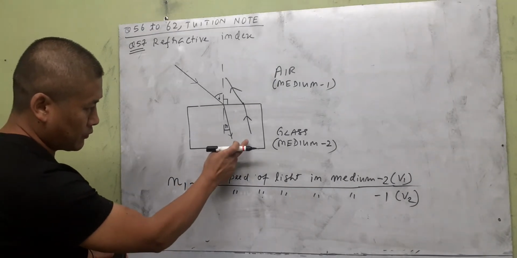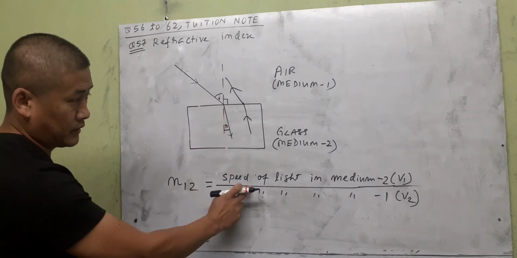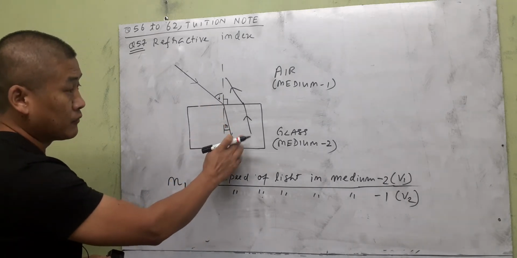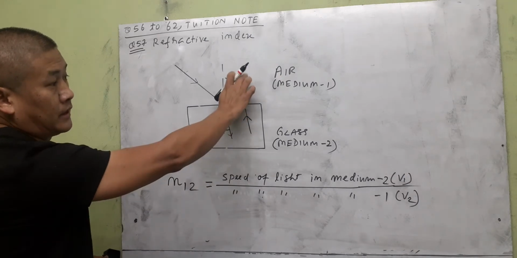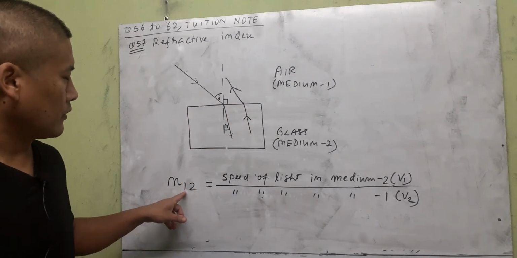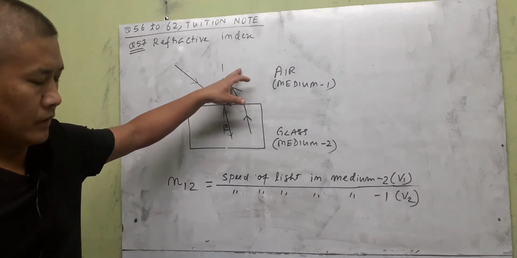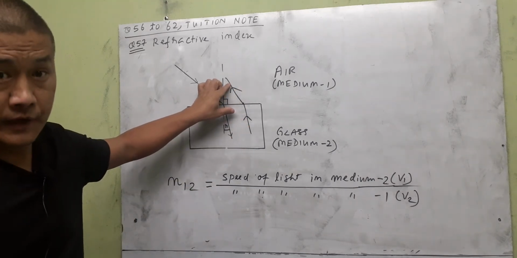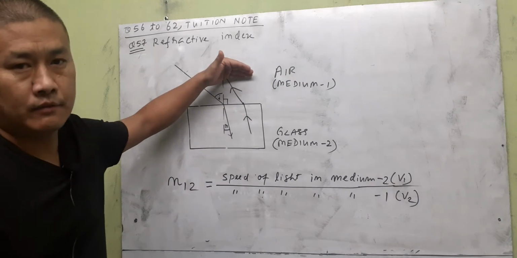So if it is entering from 2 to 1, the refractive index calculated here will be that of medium 1, that is air, with respect to glass. So refractive index is always that of the medium in which the light ray gets refracted, or in which the light ray enters second. Okay.